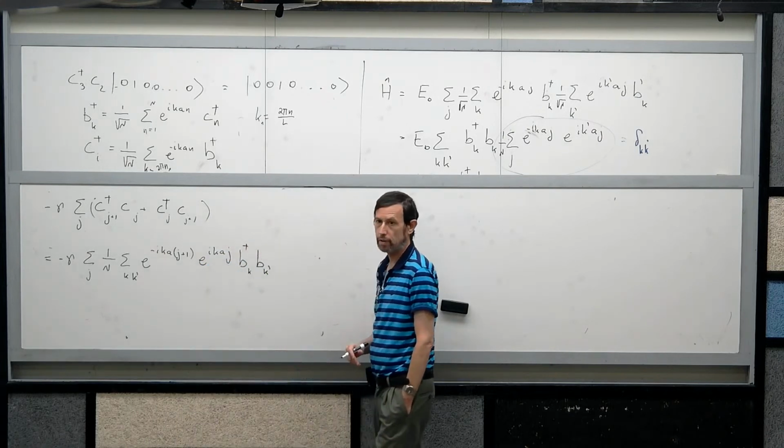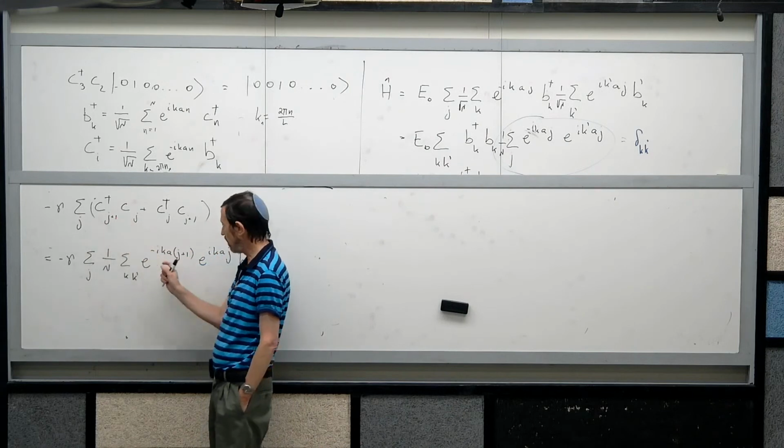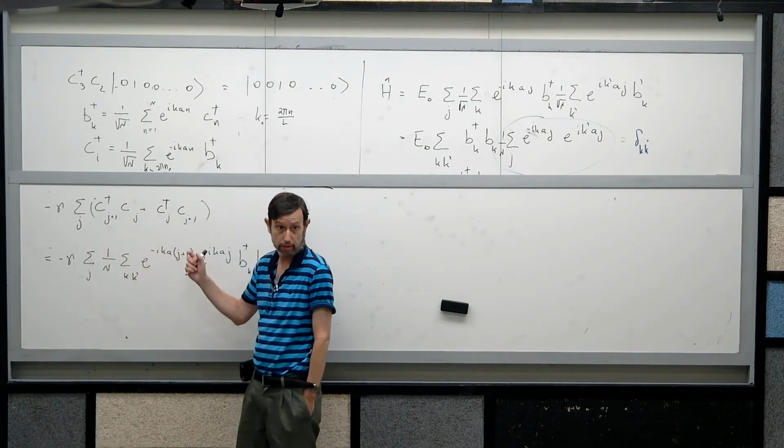So this is the first term. All that changed is that I have here a j plus 1, and I have in the phase also j plus 1.